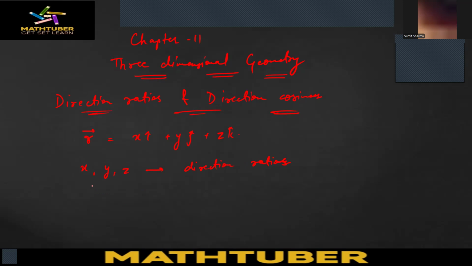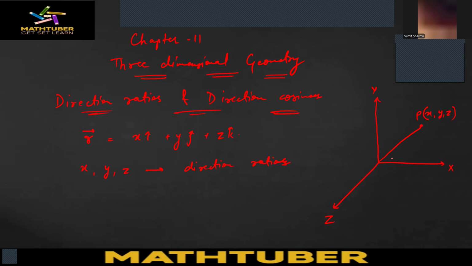Now direction cosines, if we form a three-dimensional graph having x-axis, y-axis, and z-axis mutually perpendicular to each other, and suppose we have a vector here, let us take this as x comma y comma z.